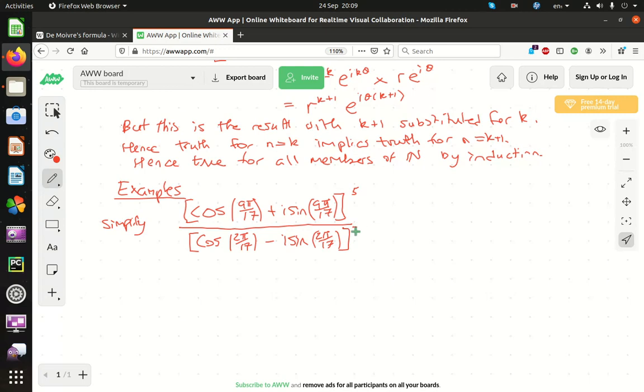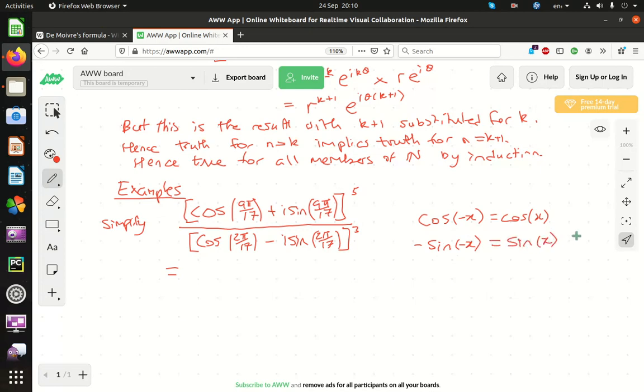Cool. Okay, now, this example is in the book, but I just want to mention a couple of things. Firstly, why is this one a problem? It's the minus on the bottom. You always want it as cos of a value plus I sine of the same value, and it must be plus, but it's easy to fix that. We can use this trick. Cos of minus x is exactly the same as cos of x, and minus sine of minus x is the same as sine of x.